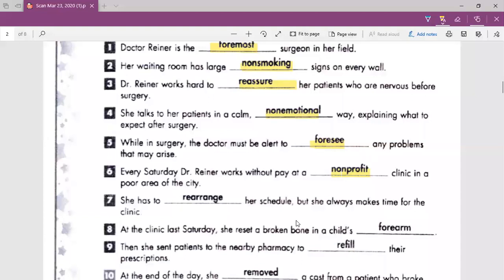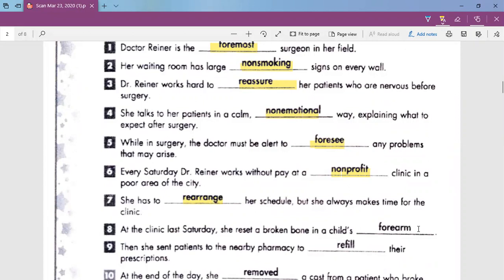Adilson, are you ready? Okay, Lauren, go ahead. She has a full schedule, but she always rearranges time for the clinic. Of course, and the word must be rearranged. If you have something different, fix it up, please, okay?